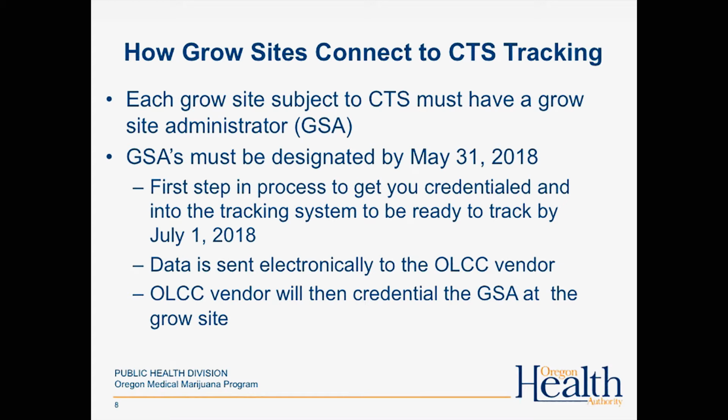We are putting in as much information in the data fields as we can that will automate some of the credentialing so that it helps to speed that process up. But right now we have about 2,100 Growsites, and to assist the vendor in getting everybody into the system and able to track and ready to go by July 1, the data has to get over. And so the May 31st timeline allows that information to be sent over.